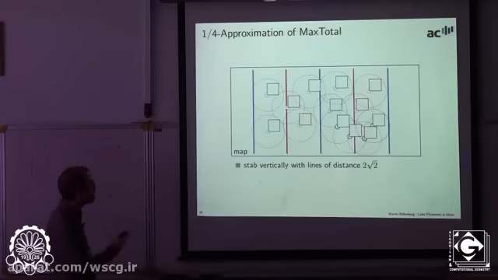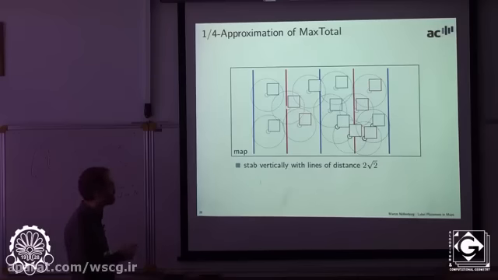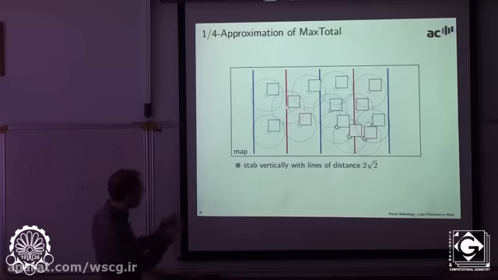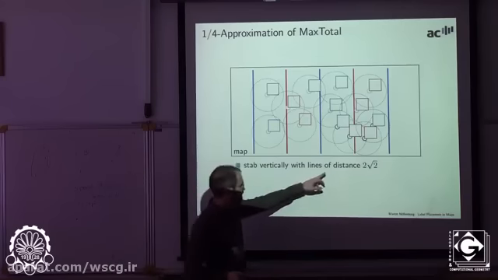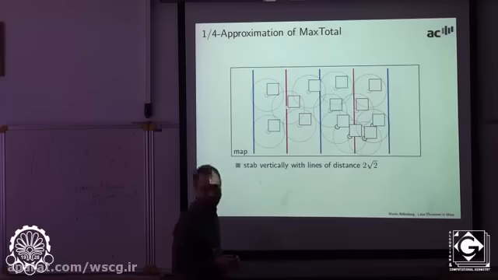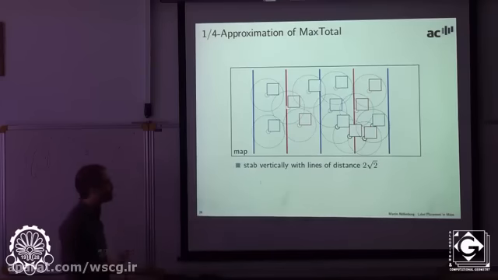Now we can use a technique that people who have worked a lot in computational geometry know very well, this line stabbing technique for approximation algorithms. We stab our complete set of labels or circles with vertical lines whose distance is 2 square root 2, this distance bound.